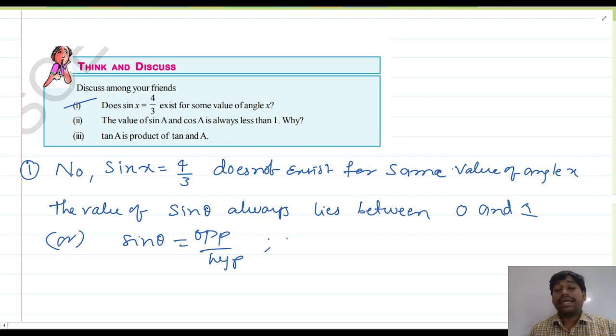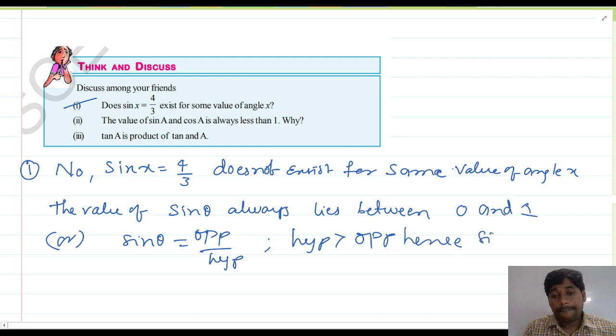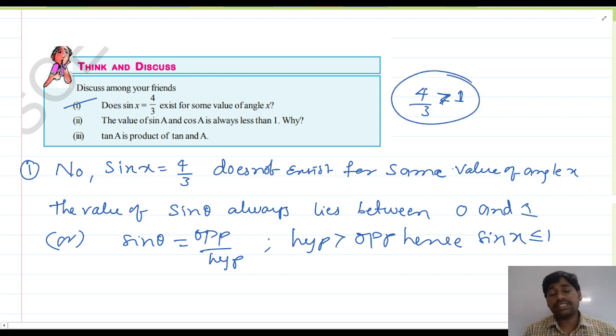In a triangle, the hypotenuse is always greater than the opposite side, so the ratio is always less than 1. Hence sin x should be less than or equal to 1, but greater than 1 is not possible. The ratio 4/3 is greater than 1, so sin x will not be greater than 1. Right?